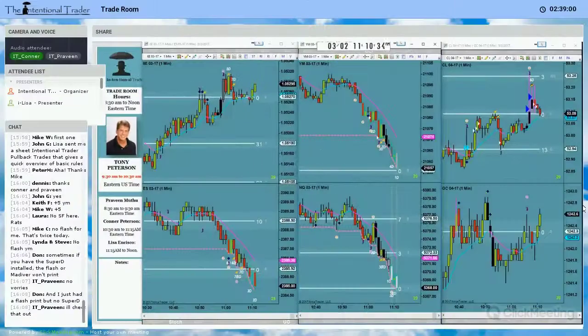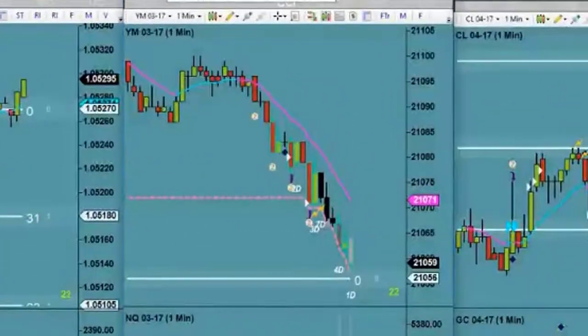We have another FT potential on the YM. Same case, bring a stop limit order down. I got filled. I need to see a quick bounce.